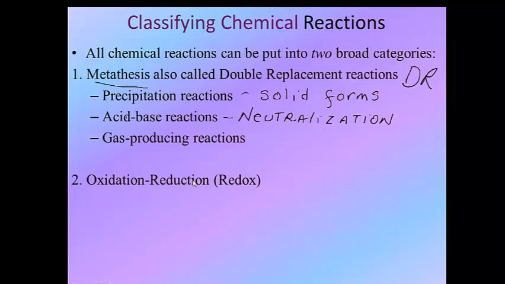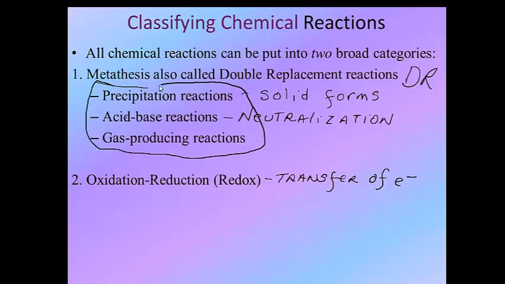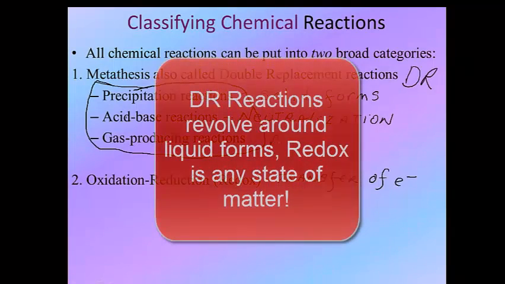The second category, which we'll tackle at the end of Chapter 4, is the oxidation reduction. This is the one that has a driving force that is a transfer of electrons. And these three revolve around ions, the removal of ions from the solution.